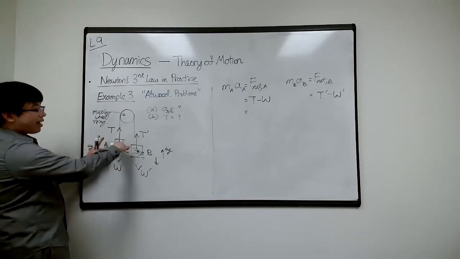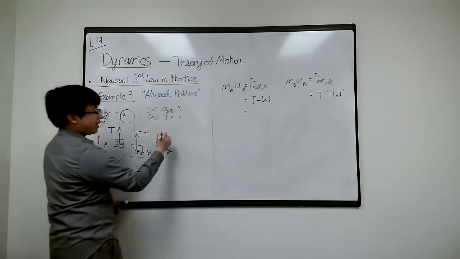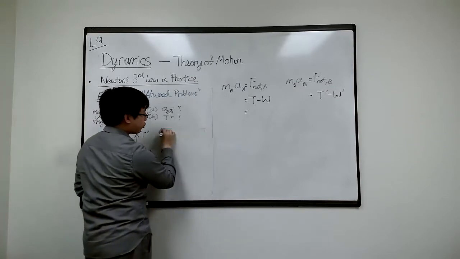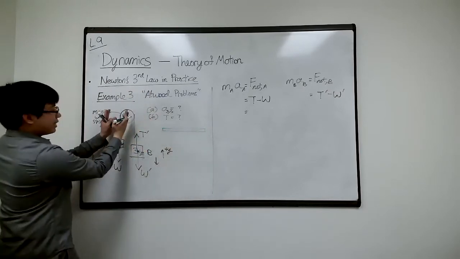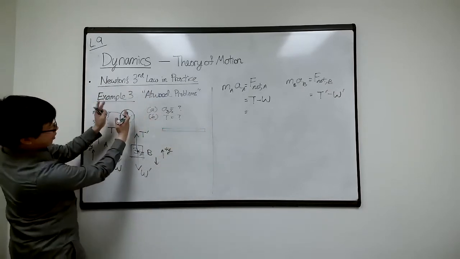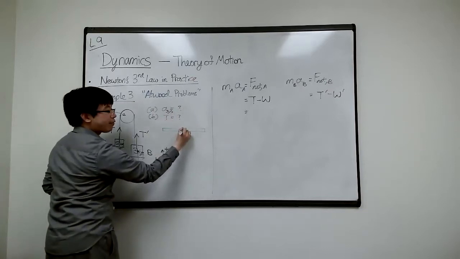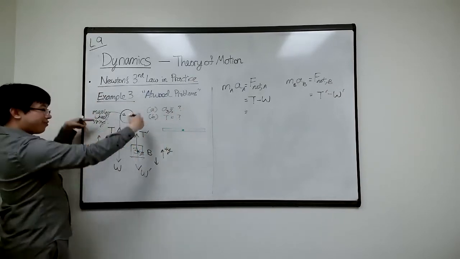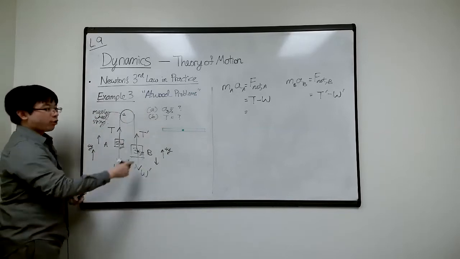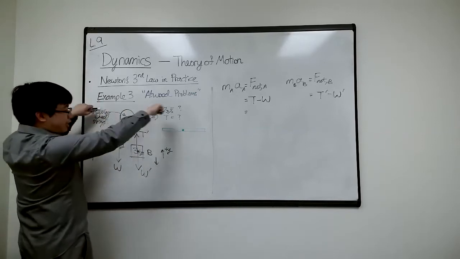Whenever you see a rope going up and down like this, you stretch it out horizontally and analyze the free body diagram as if it is this way, right?